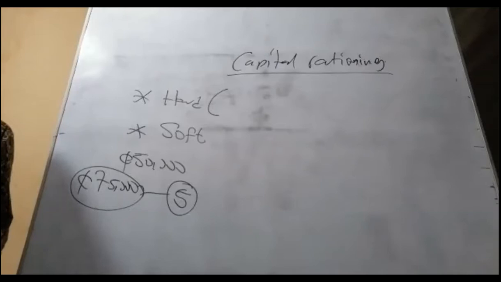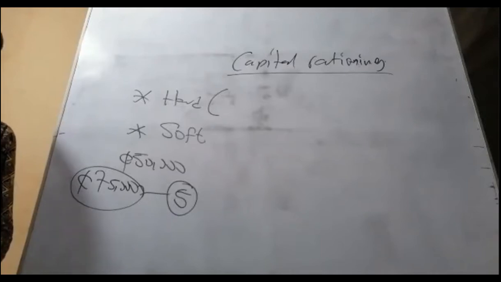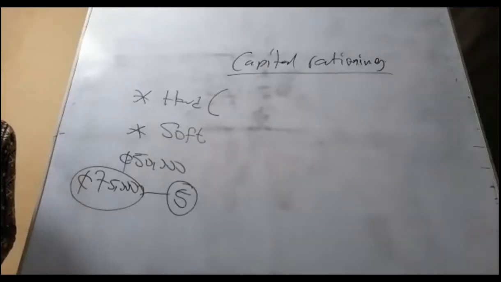So next year, we are not going to buy any assets or undertake any capital projects. It can also serve as soft capital rationing. This the entity has control over. Then the question is, how do you deal with such a situation? There are so many methods, but we use what we call the profitability index.